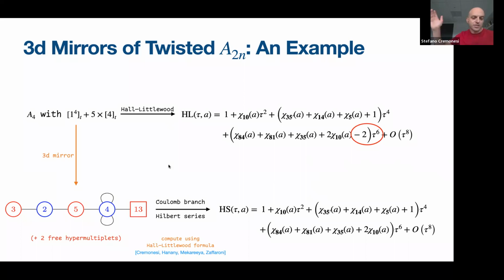There are other examples in class S, of genus higher than 1, in which the Hall-Littlewood index differs from the Hilbert series, and you have two Hall-Littlewood type formulas where the structure is the same, but some factor in the sum differs, and you immediately see the difference without having to expand at all. So that's why I was asking.